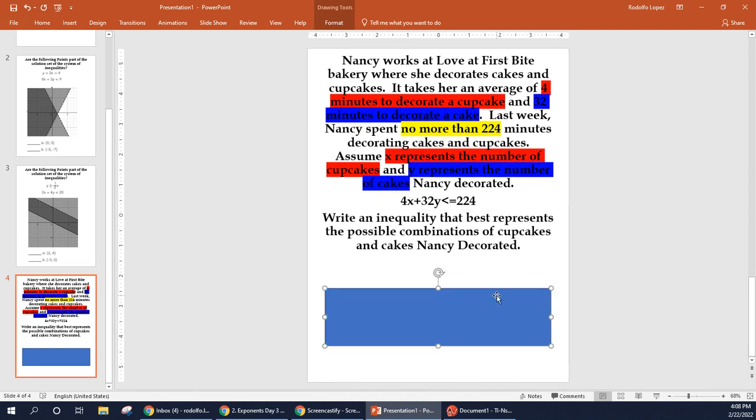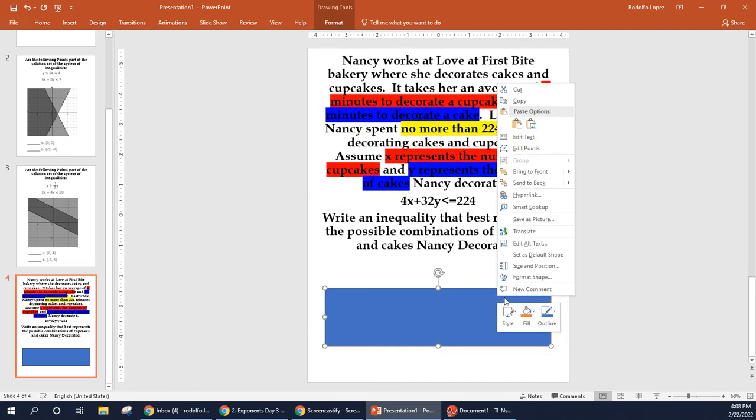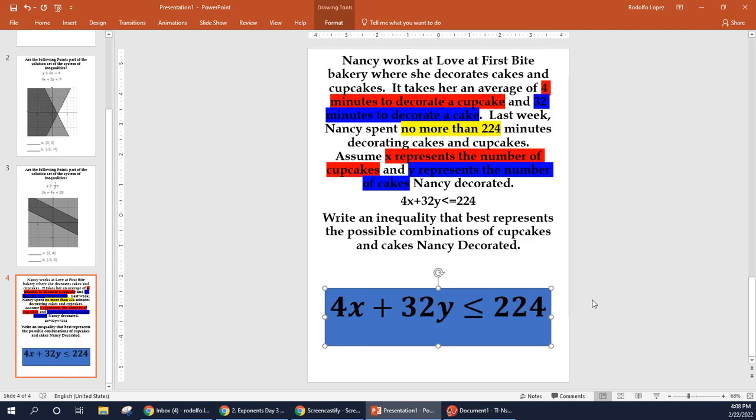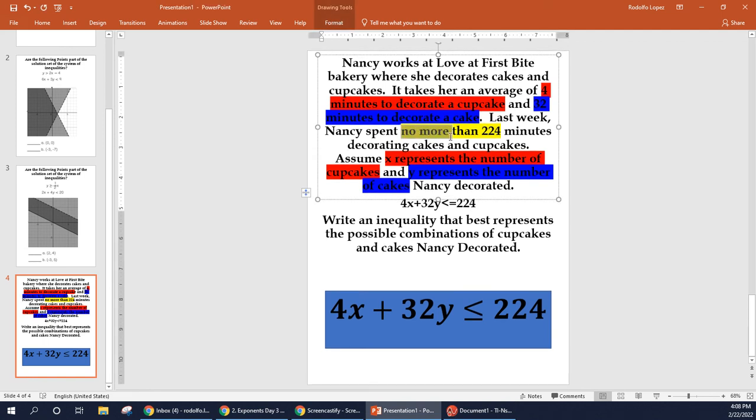That's how I come up with this inequality. Identify the variables first, what represents X, what represents Y, then group the numbers that go with each one, and then identify, most importantly, the symbol. What symbol do we use for no more than? No more than represents less than or equal to 224.